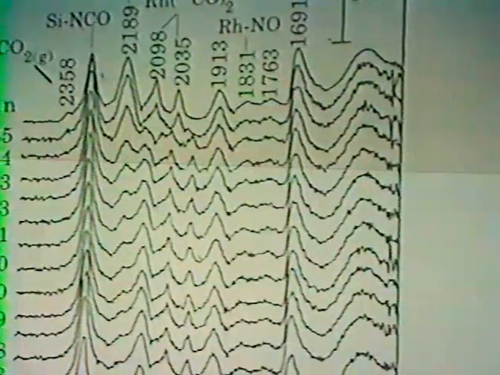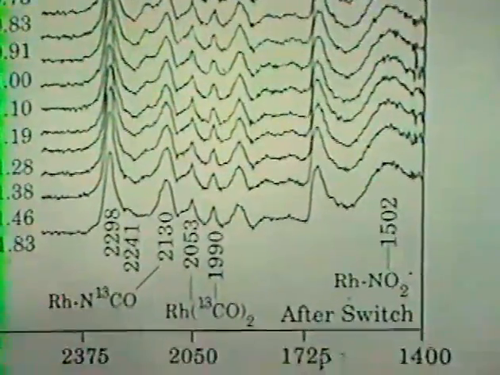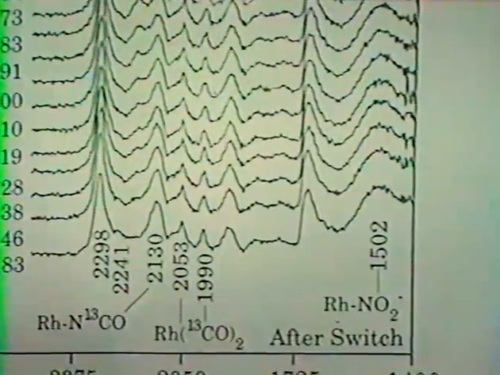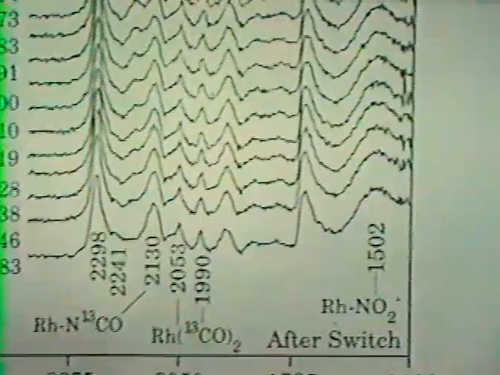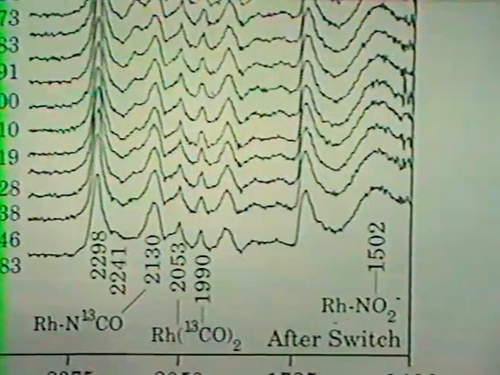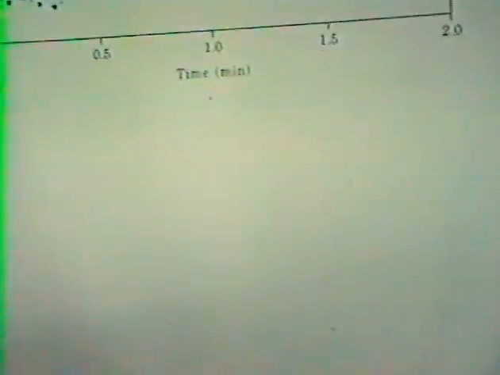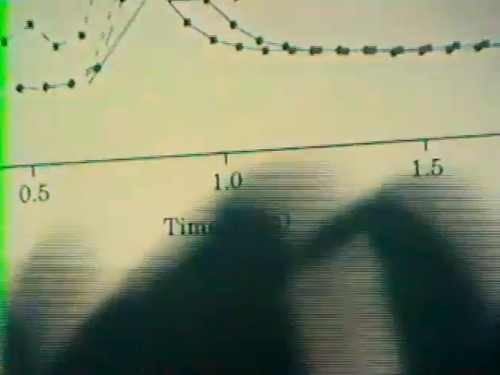And there is another band I want to show you here, the RhNO species. This RhNO species also switches with the gem dicarbonyl species, but it switches at a much slower rate. And we have plotted intensity versus time and compared with the gas phase response.